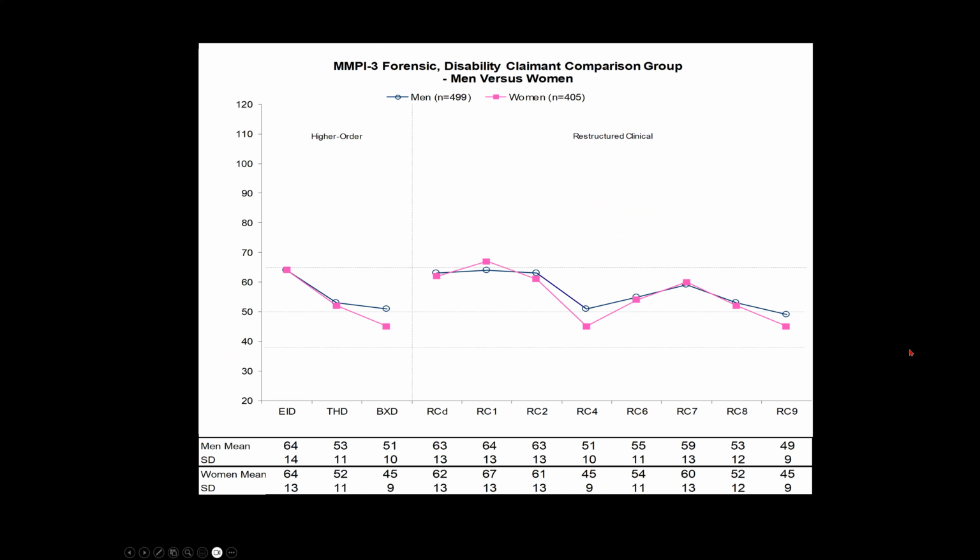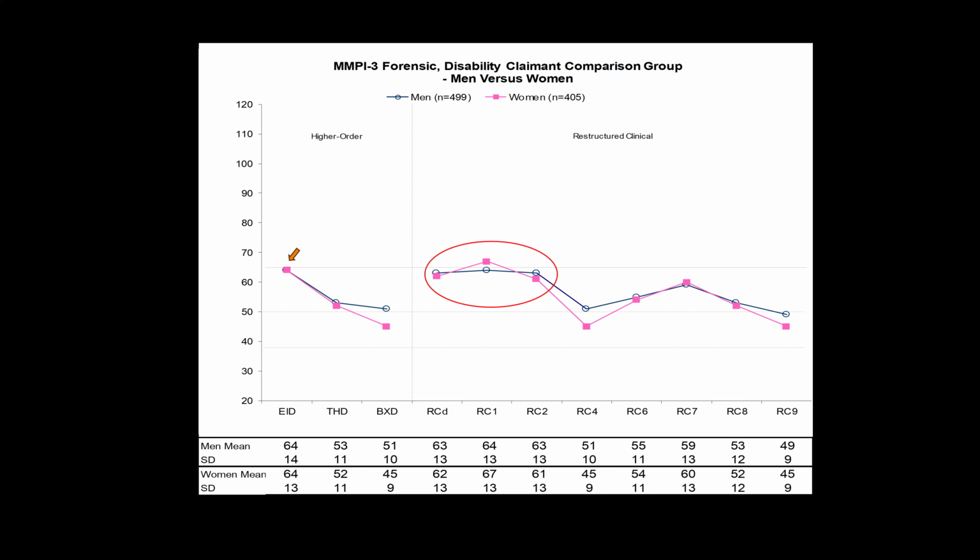Looking at the substantive scales, we can see that, not unexpectedly, the highest elevation is in the emotional internalizing domain. Many of these disability claims have to do with traumatic experiences, potential post-traumatic stress disorder, and other emotional difficulties related to experiences leading to the disability claim. So that's an expected finding.